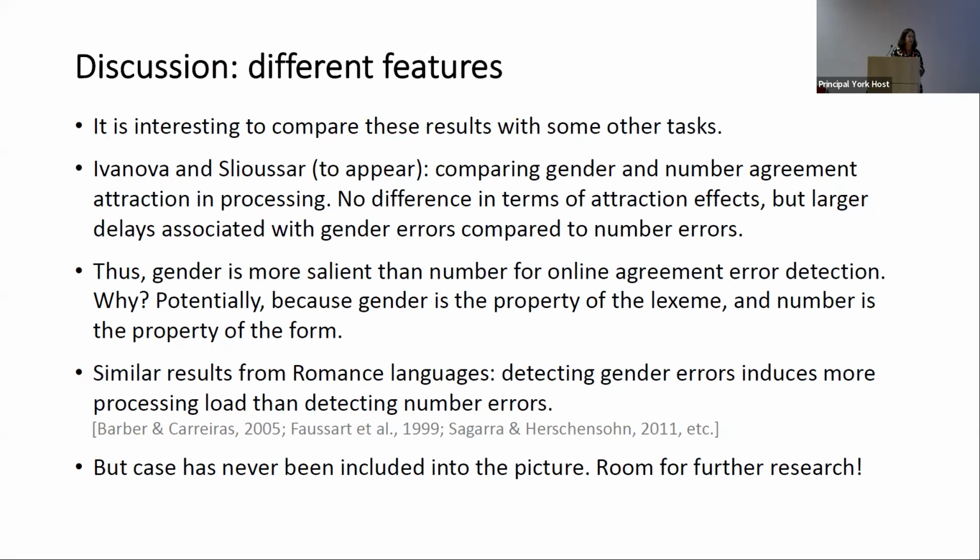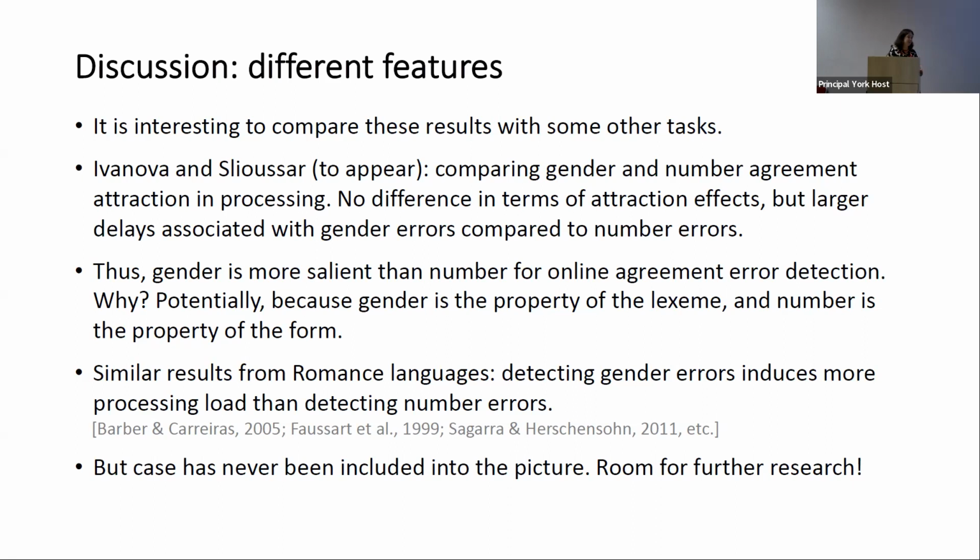They were different if you take any number agreement error with attraction or without it, and any gender agreement error with attraction or without it: gender agreement errors triggered significantly larger delays than number agreement errors. So we can conclude from here that gender is more salient than number for online agreement error detection.